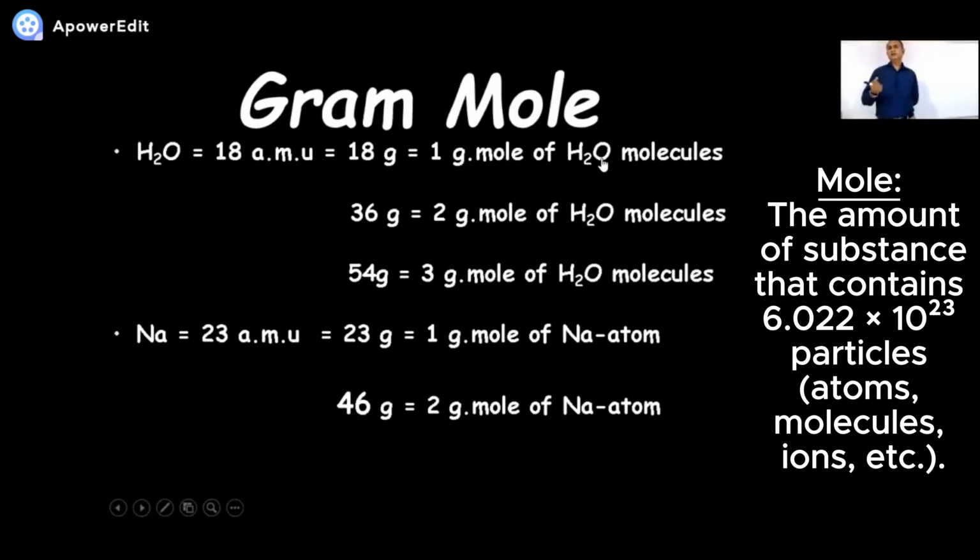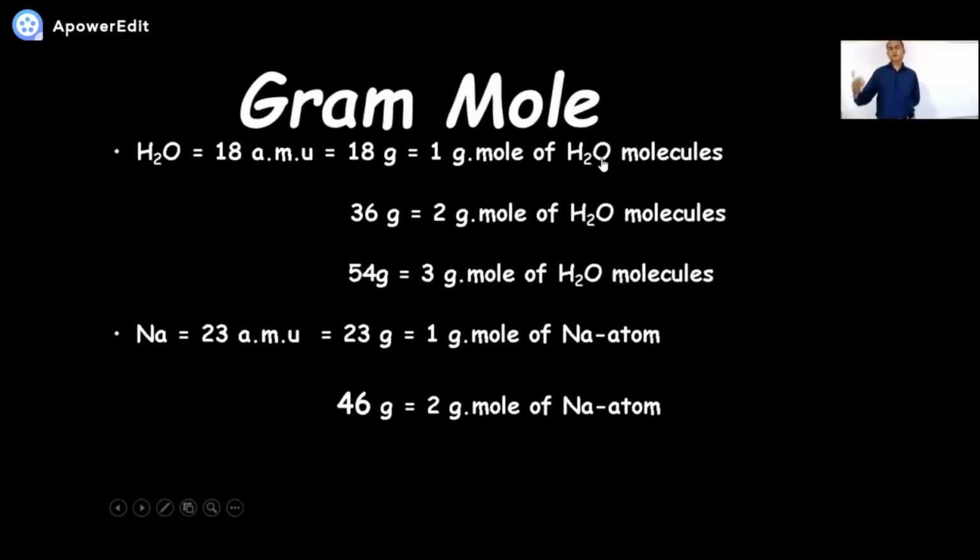Since it is one atom, that is why it is called 1 gram mole. If instead of having 23, we have 46 gram, you will call it 2 moles of sodium atom. So remember, mole itself doesn't have any particular value. It depends on the name of the compound. 1 mole of water means 18 gram. 1 mole of sodium means 23 gram.